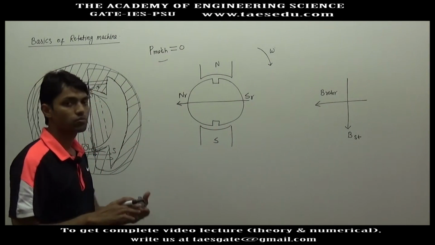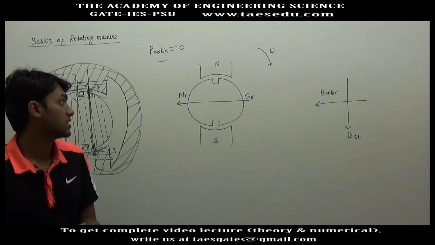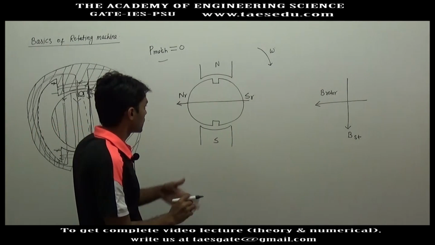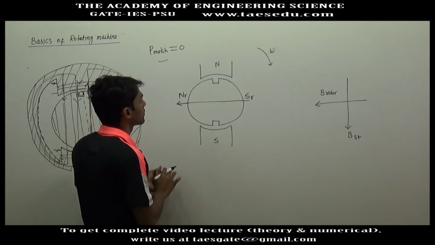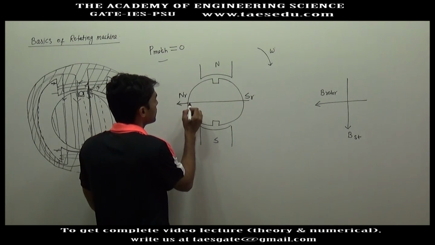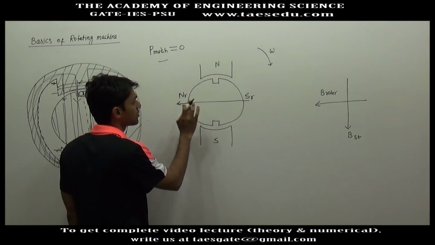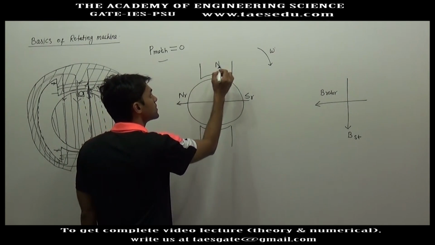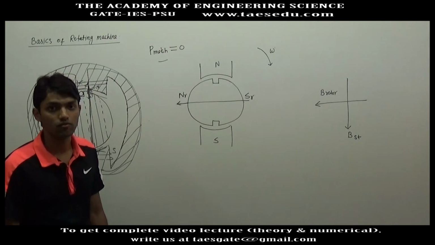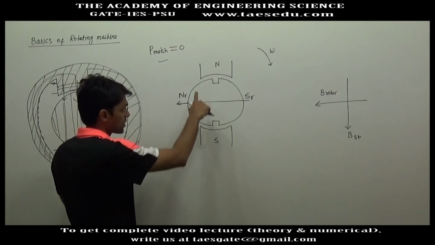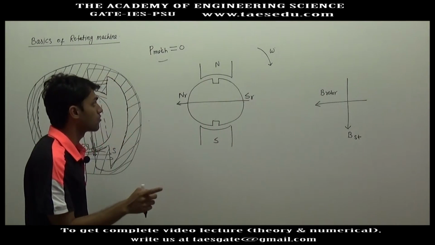Now we know that the same poles repel each other and opposite poles attract each other. So with the generation of north pole and south pole in the rotor, let us analyze the force on the rotor. Since the stator will not be moving, we will not consider force on the stator. The rotor is the moving part, so we will consider force or torque on the rotor.